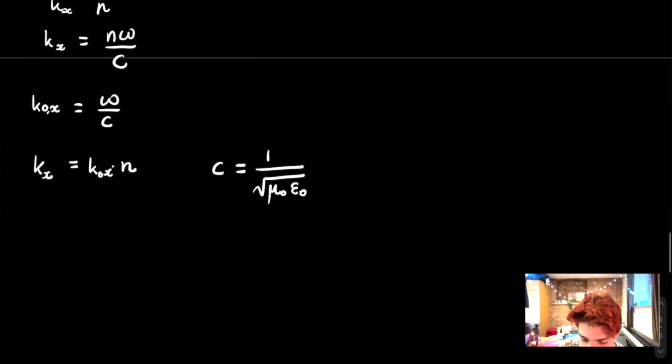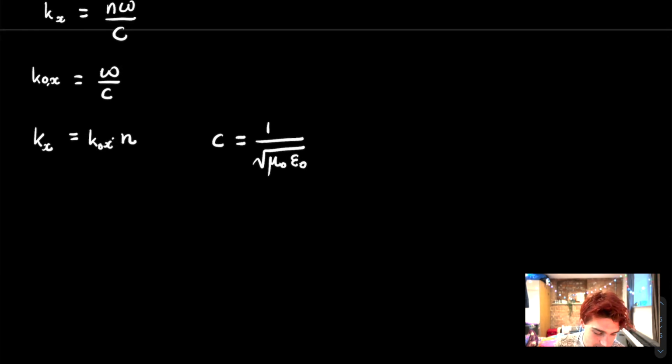But this is in free space. We can actually generalize this to being in any medium. So let's go ahead and talk about our velocity v again of our wave. If this is the case in free space, then we're going to get a very similar looking equation, except rather than with mu naught and epsilon naught, we're just going to get what the permeability is in any material multiplied by what the permittivity is in any material.